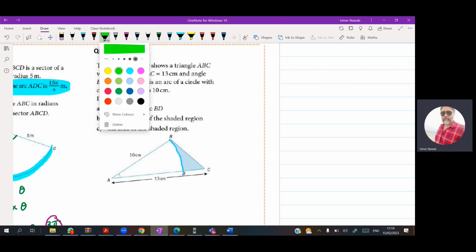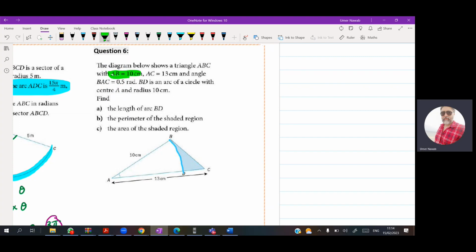He gave us AB, AC is given, and angle BAC is also given. Wow. So the central angle is provided by the examiner, 0.5 rad, and it's in radians.